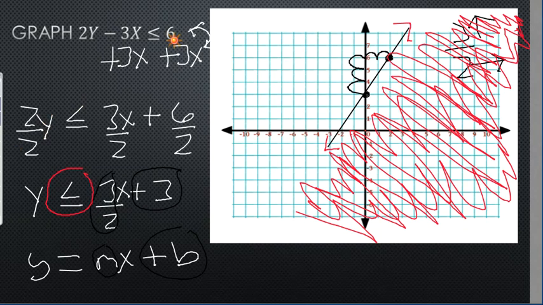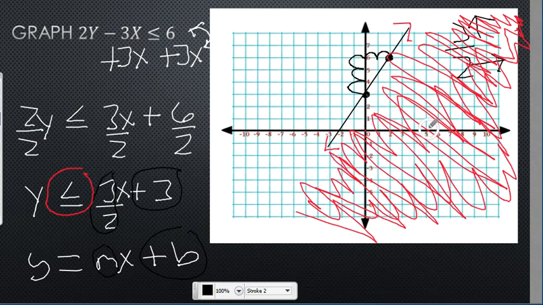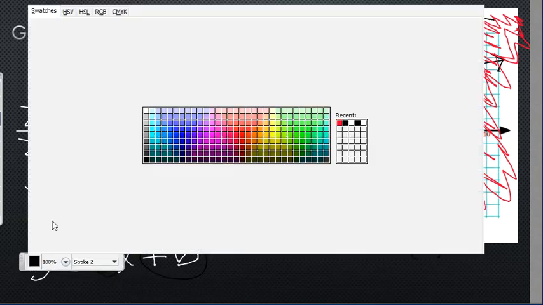So let me just show you. Let's just pick a test point to make sure. Let's say we pick the point 5, 0. That's within our solution area. So 5 to the right, up or down 0. So 5, 0. I'm going to go ahead and change this to white. We can see a little bit better with white.